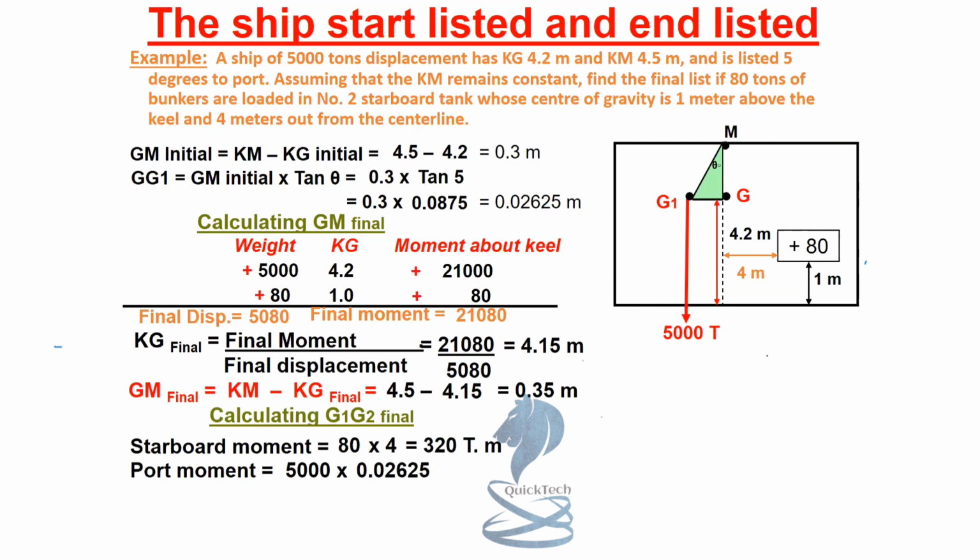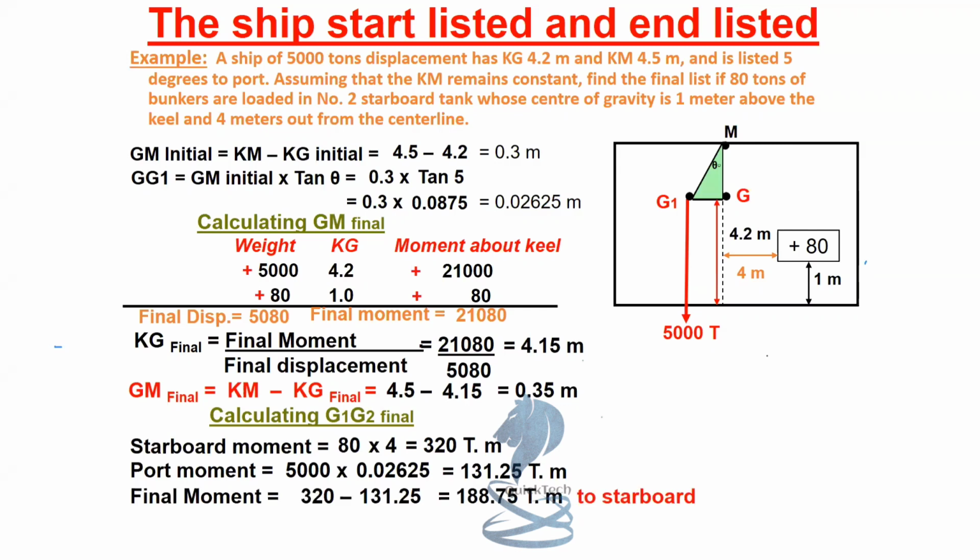Port moment 5000 into 0.02625 is equal to 131.25 ton meters. This is because on the port side the displacement was already there with the list, and on the starboard side the new weight 80 tons is loaded, that is the bunkers.